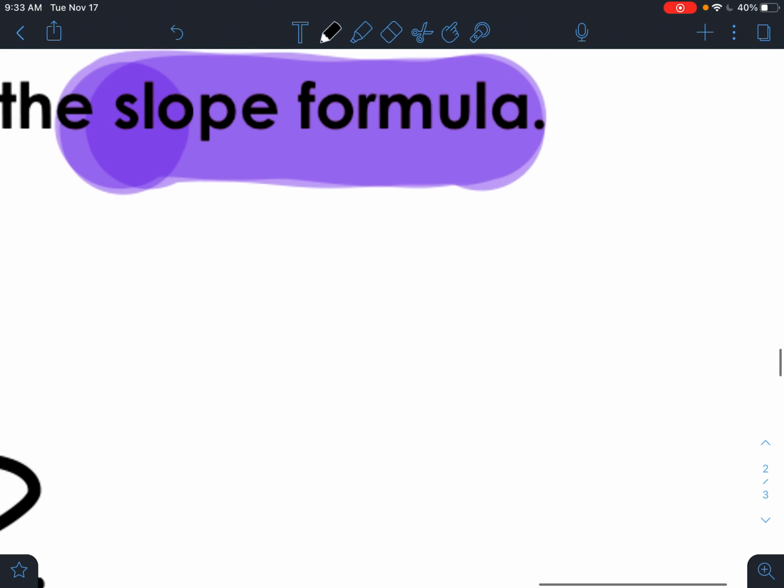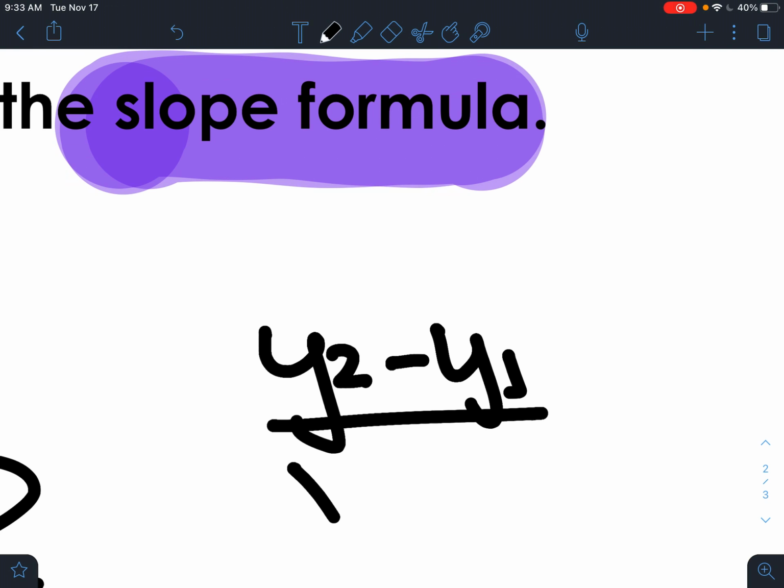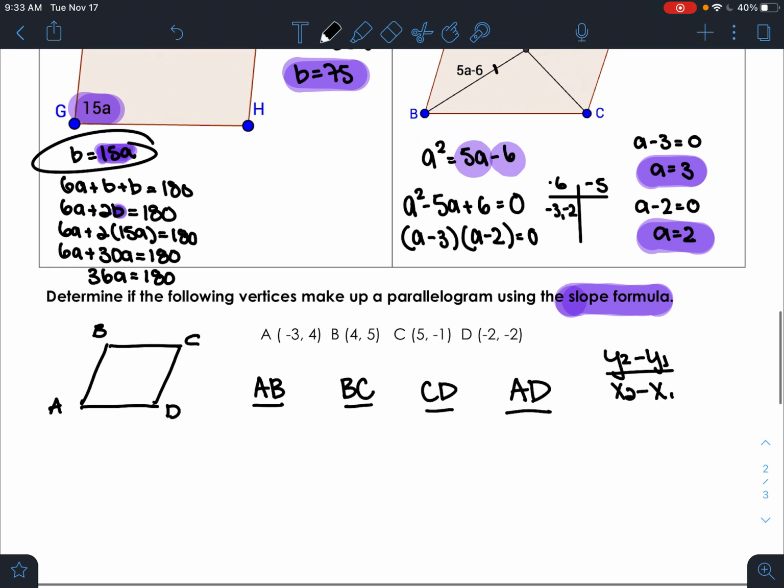The slope formula, as we know, is y2 minus y1 all over x2 minus x1. The reason this would be helpful is if we could find that the opposite sides have slopes that are the same, then that would mean those sides are parallel.